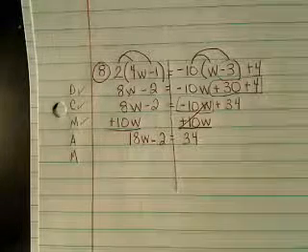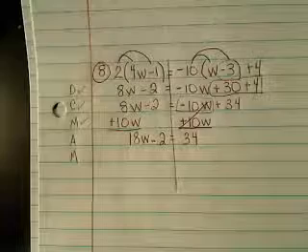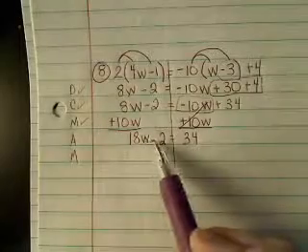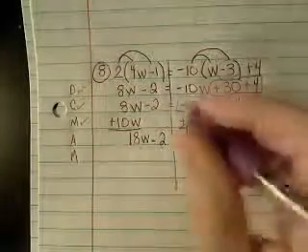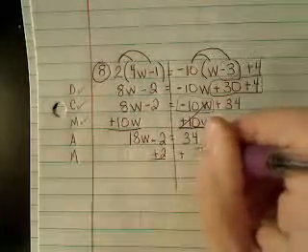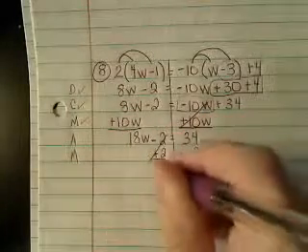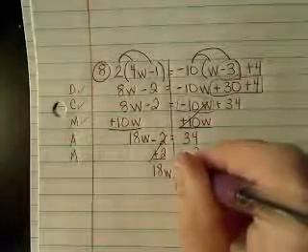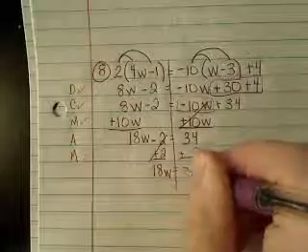You just go through each step individually. Now we're on the inverse of add or subtract. So look at your variable. Instead of subtracting 2, we're going to add 2 to both sides. And then I'm going to bring down this positive 18w equals, and this gives me 36.